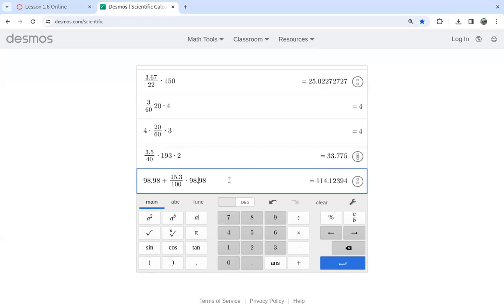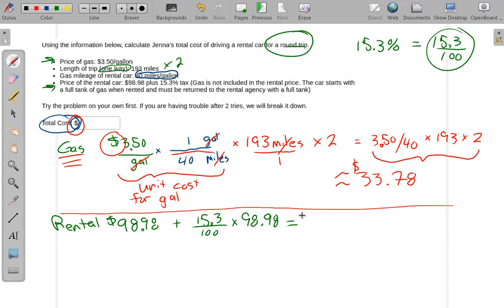That's the decimal point there. There we go. So I'm getting $114.12. And so the total cost for the rental car, let's see, 8 and 2 is 10, 789.7 for $147.90.